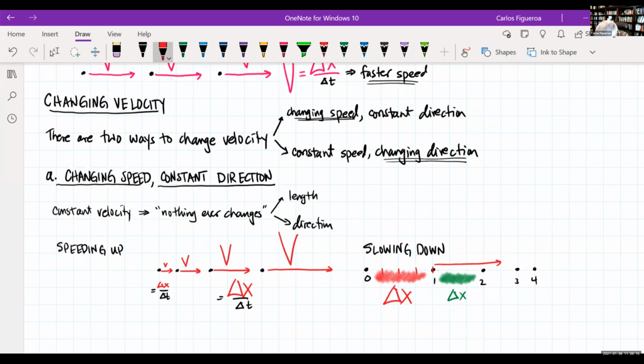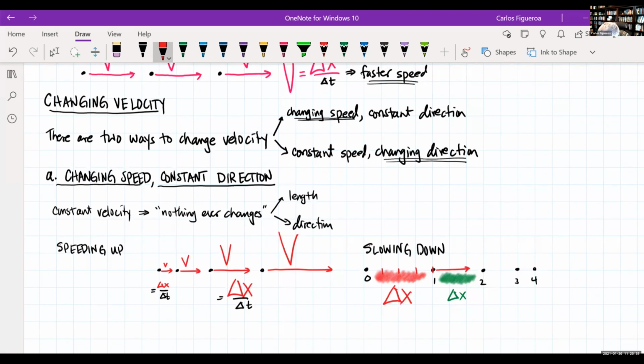But you see how these guys overlap? You can avoid that if you try not to draw dot to dot. Dot to dot, I know, makes it easier. But what I have a tendency to do is not draw them dot to dot, but just draw them scaled.